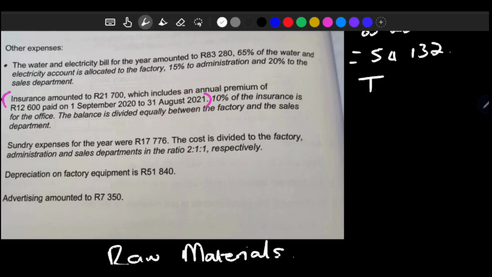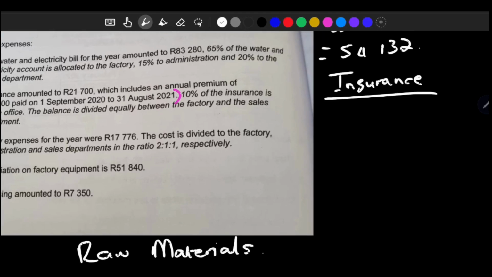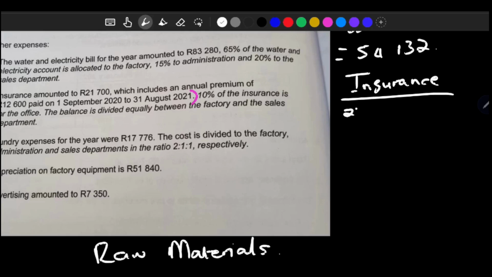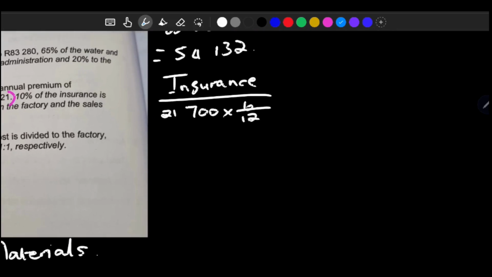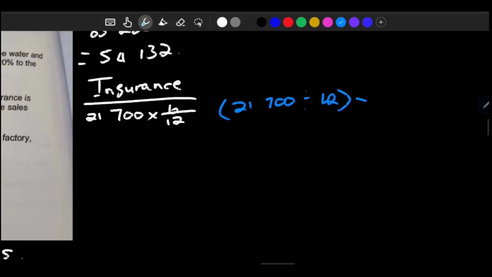Let me say here, insurance, and we're going to say here 12,600 multiplied by, it is 12 months the total. This accounts for 12 months, but we are only looking for 6 months, right? Alternatively, you could have said 12,600 divided by 12, get your answer there, then multiply it by 6.